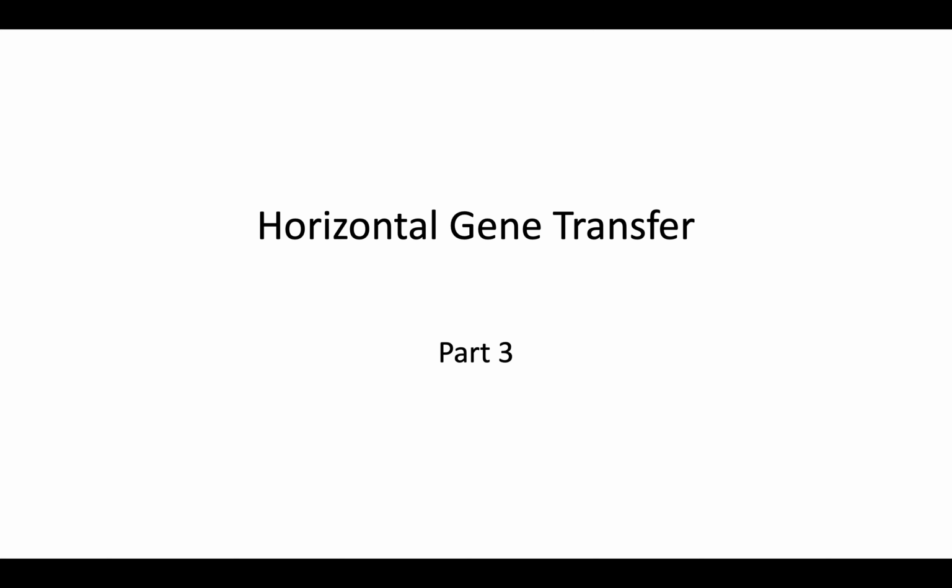In the previous lecture, I had said that there's a vertical gene transfer, which is binary fission, and also horizontal gene transfer. Today I'm going to go into the three different processes of horizontal gene transfer.